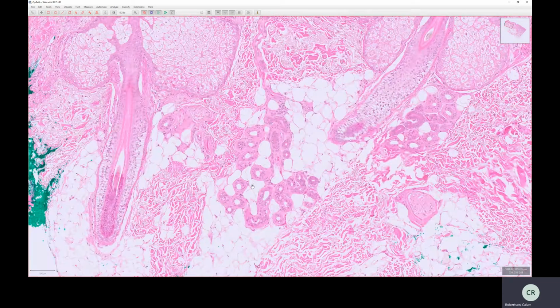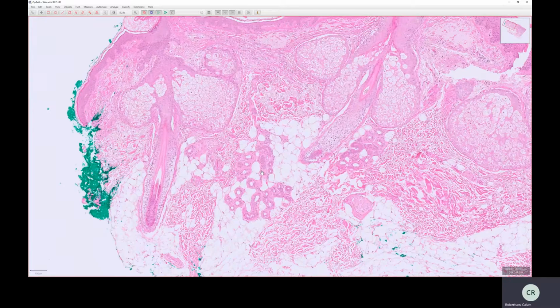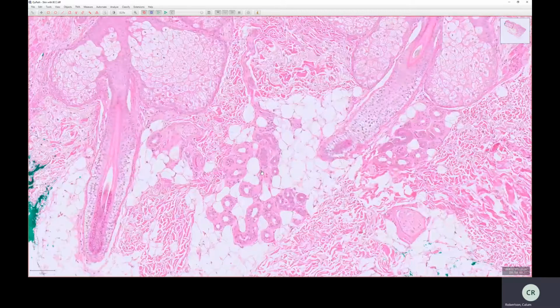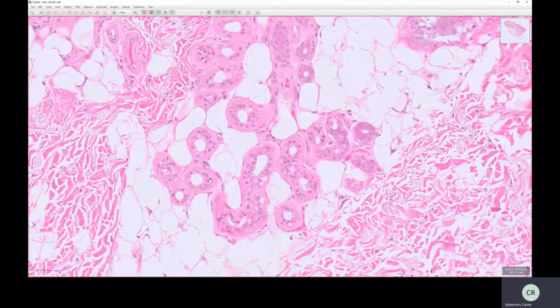I know this because, apart from their appearance, it's a good chance if you see sweat glands, they are eccrine, because apocrine sweat glands only occur in special settings, but eccrine sweat glands are pretty much throughout almost the whole body, skin, and almost all sites of the body. These produce a watery, serous secretion, and they're made of secretory tubules.